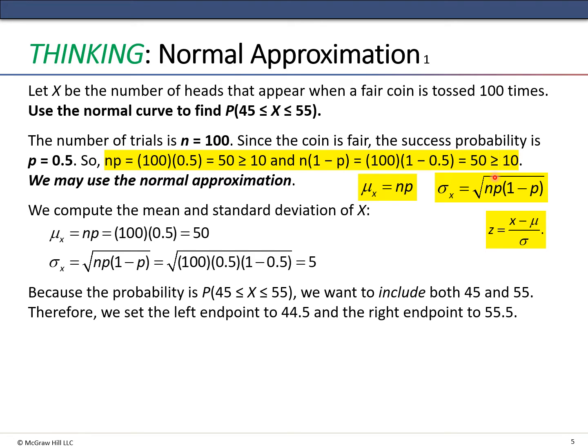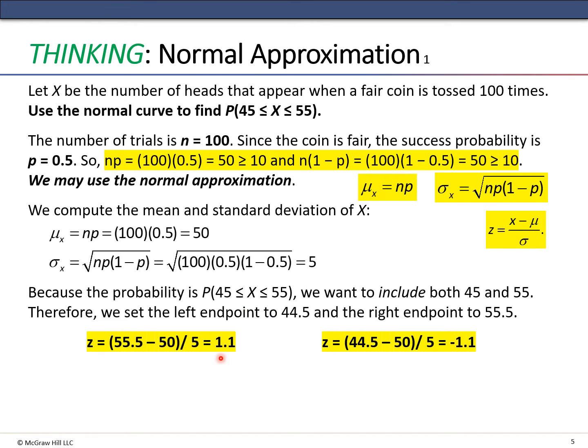Because the probability is inclusive, remember we want to go a half a point below, so to 44.5 and to 55.5, okay? These represent our x values in our formula. We just calculated the mean and the standard deviation. So we can see the z-scores are 1.1 and negative 1.1.